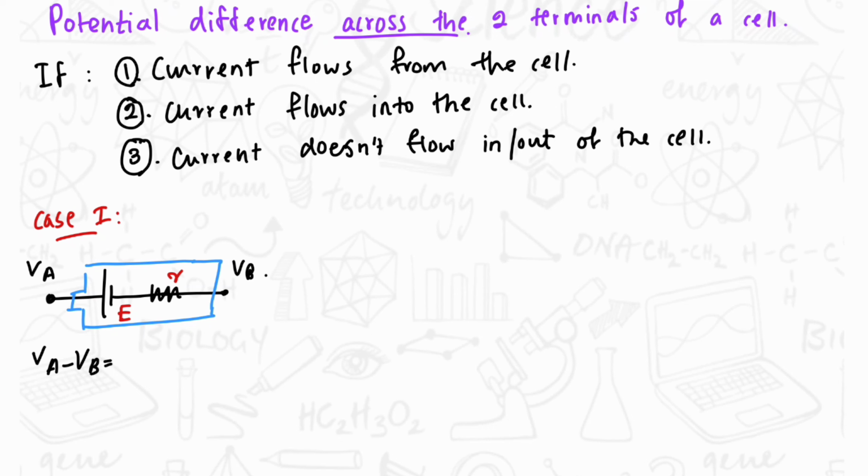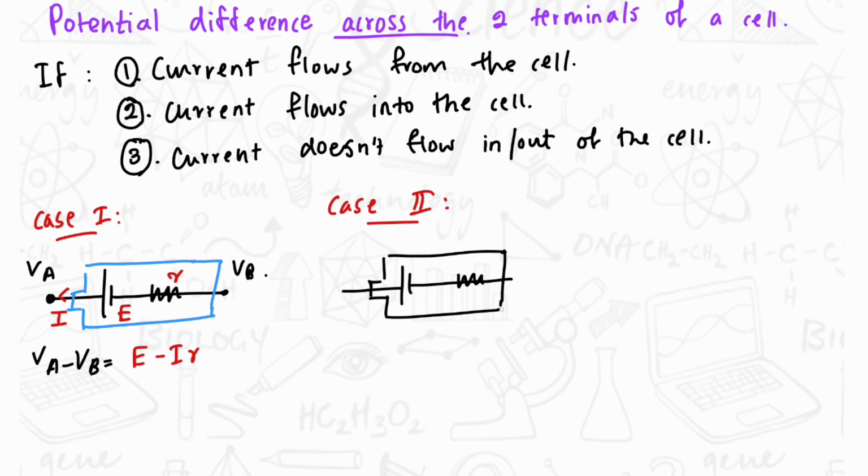In this case, the current flows from the cell, so I will be moving out of the cell. Here, if we take VA minus VB, we will get E minus I times R. And in the second case, the current flows into the cell. So, if we redraw the diagram of the same cell, but in this case, the direction of the current is opposite.